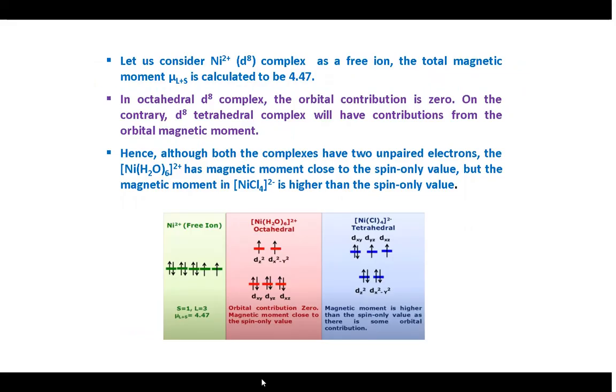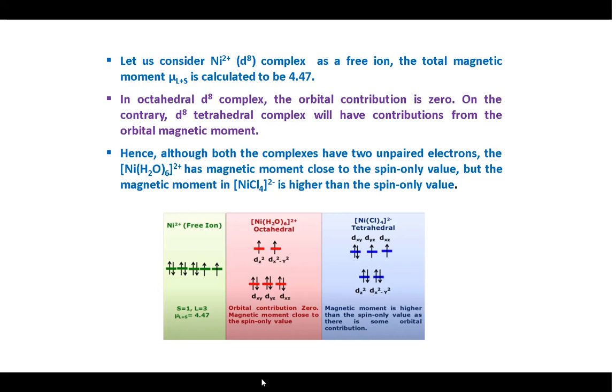Let us consider nickel 2+, meaning a d8 complex, as a free ion. The total magnetic moment, mu L plus S, is calculated to be 4.47. In an octahedral d8 complex, the orbital contribution is 0.